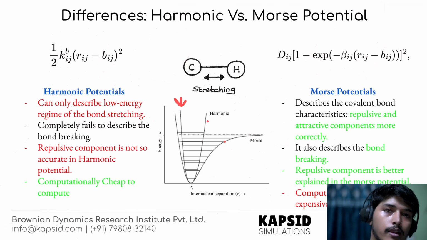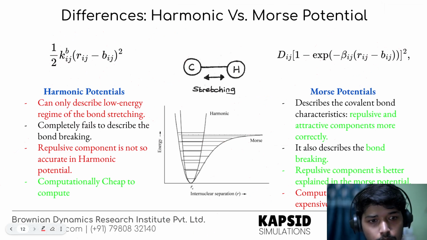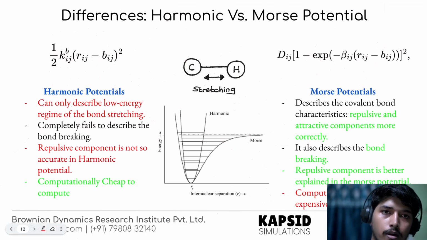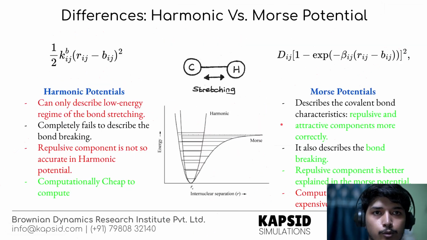So that's another limitation that you have to bear with when you're doing molecular simulations. Okay, so next we will go into torsional angles, and then we'll go to dihedral angles. So see you there. Bye bye.